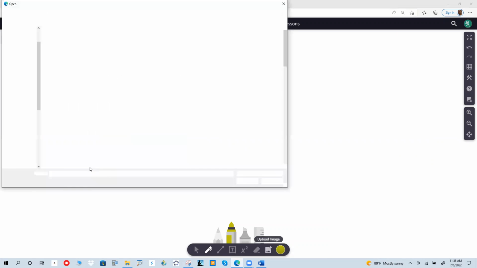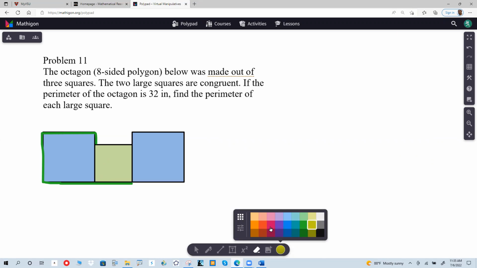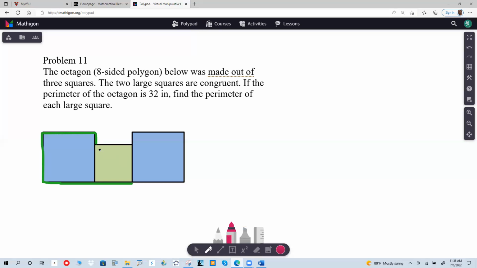So I'm going to erase this. I'm going to erase this. Okay. And then I also want you to see, using the exact same argument, you can say this piece plus this pink piece plus this, 3, 4, 5.